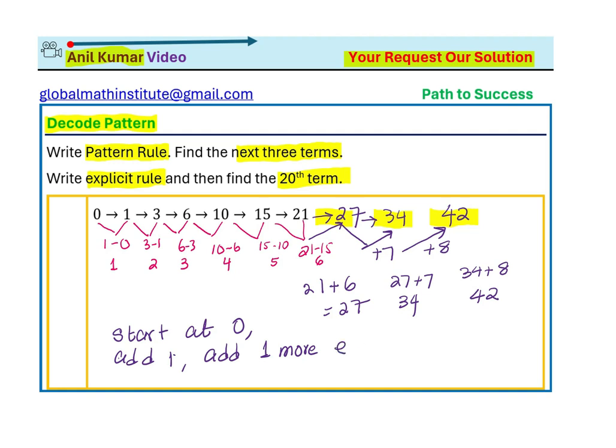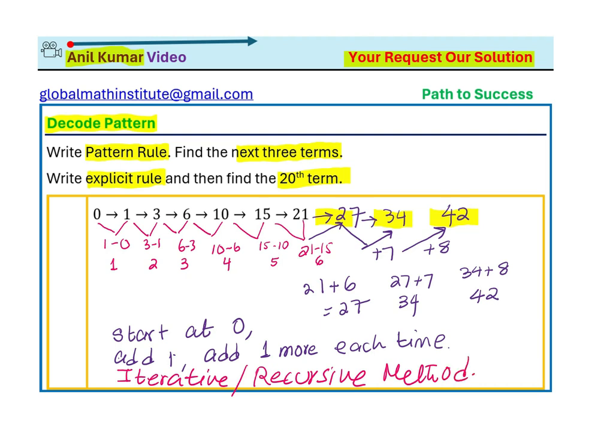Add one more each time. So you'll get your sequence. Perfect. So this way of writing and describing a pattern is called the iterative or recursive method.